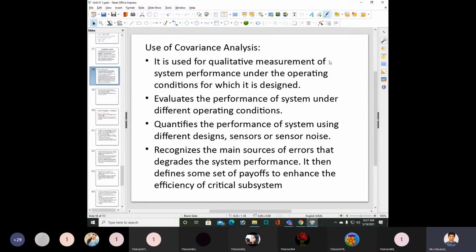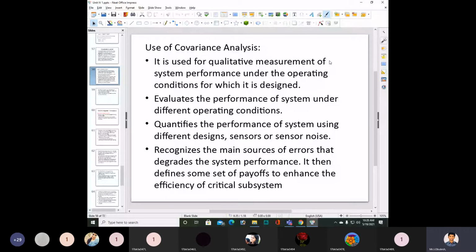It quantifies the performance of the system using different designs, sensors or sensor noise.